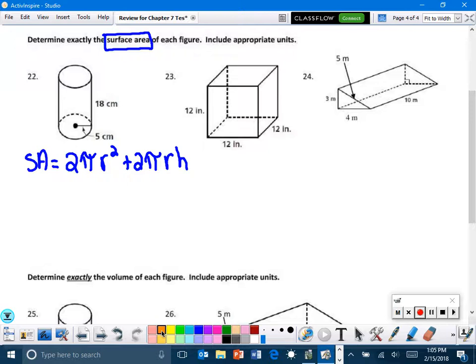So we're going to plug the numbers in. Here we go. So 2 pi times the radius, which is 5 squared, plus 2 times pi times the radius 5 times the height 18. Now I'm going to do this in parts. I'm going to do the 2 times the 5 squared.